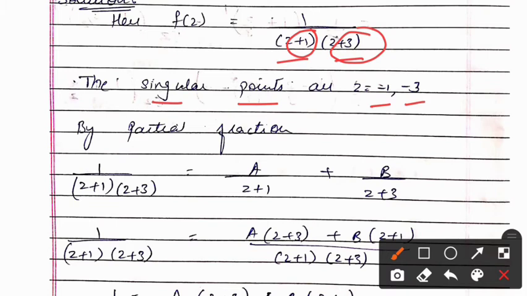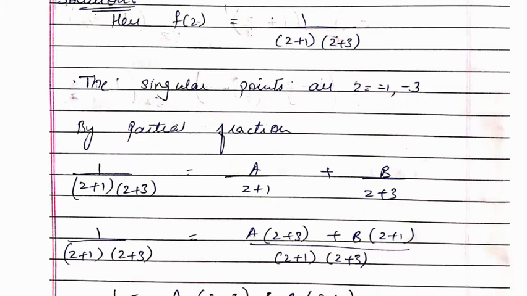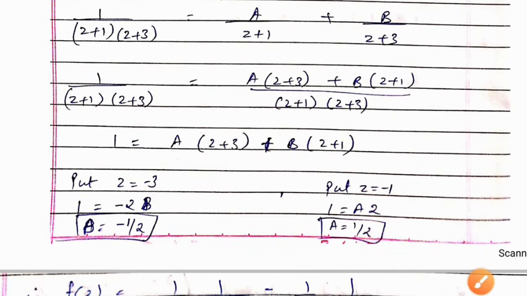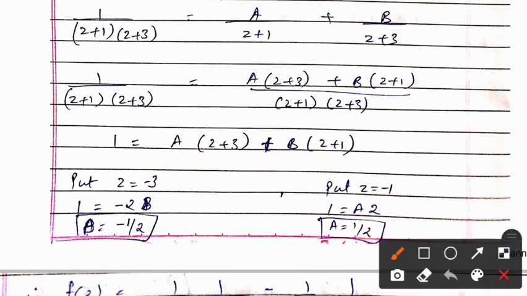Now I will use partial fractions. Here you have (z plus 1)(z plus 3), so I will take two constants a and b. In one denominator I will write z plus 1, in the other z plus 3. Now I will take the LCM on the right hand side, so I get (z plus 1)(z plus 3).